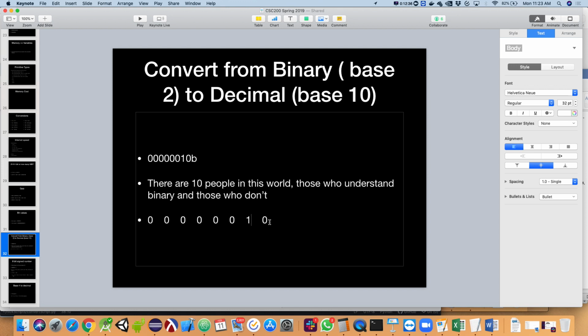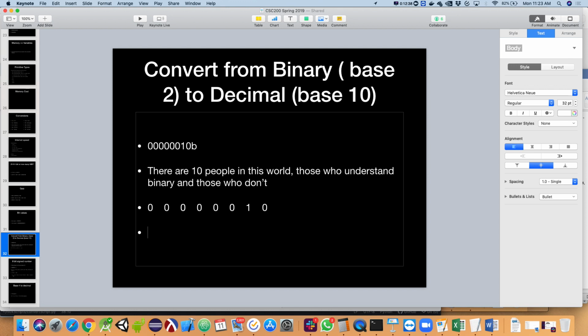All right, so I just rewrote my number with some more spaces. This guy is 2 to the 8th.